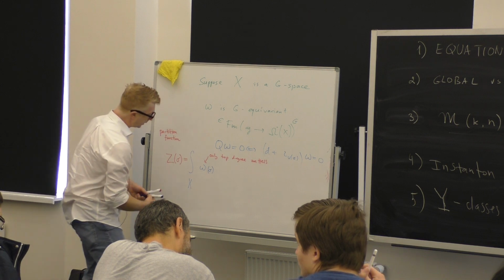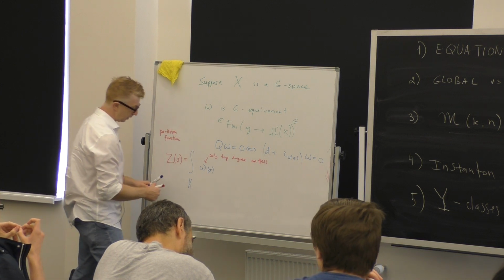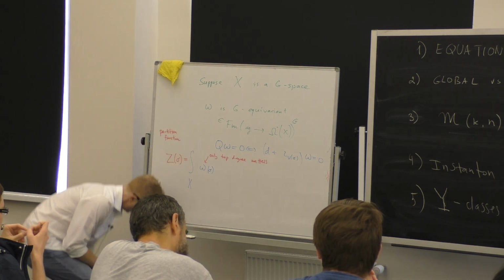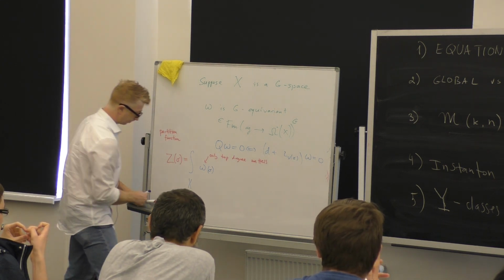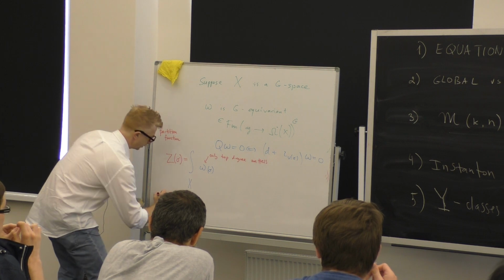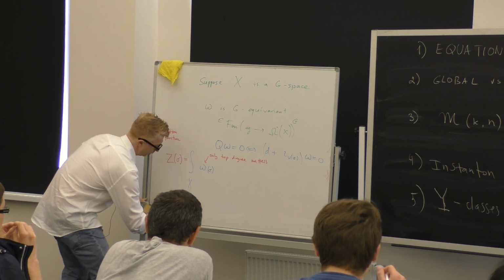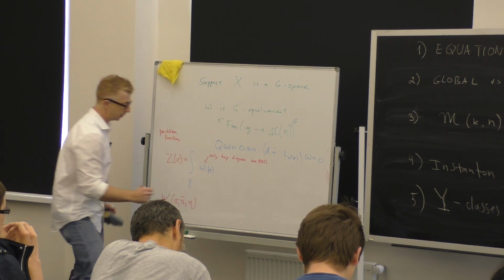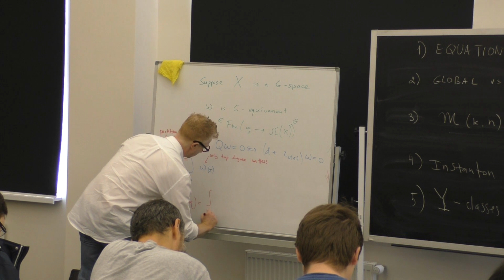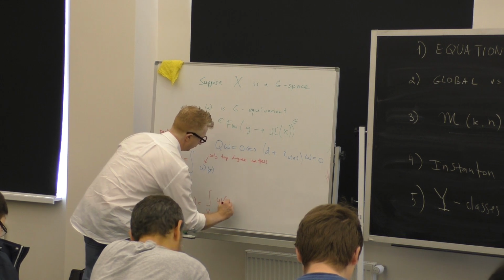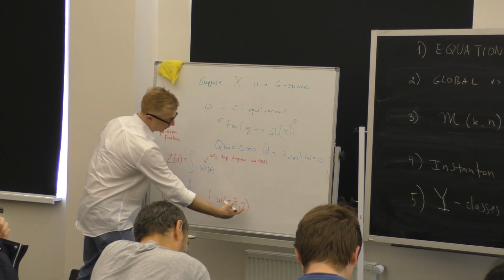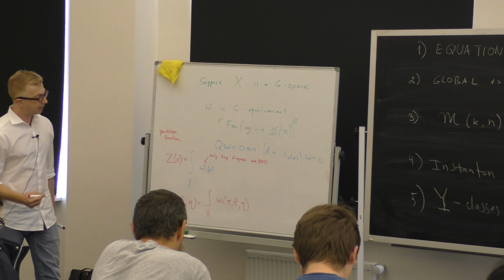We can actually slightly generalize this. We can allow a sigma bar dependence. So let me introduce a more general object, a function of sigma, sigma bar, and eta, which is the integral over X of an equivariant differential form of a more general type when we allow sigma bar and eta dependence.